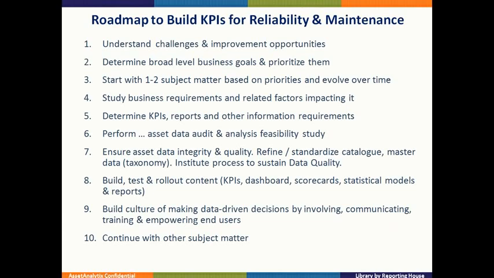In this case, you take the highest priority, or something that may be a low-hanging fruit, or part of the current initiatives, and then see how that relates to the business goals, prioritize them, maybe start with 2-3 subject areas, and then continue to tackle other subjects.